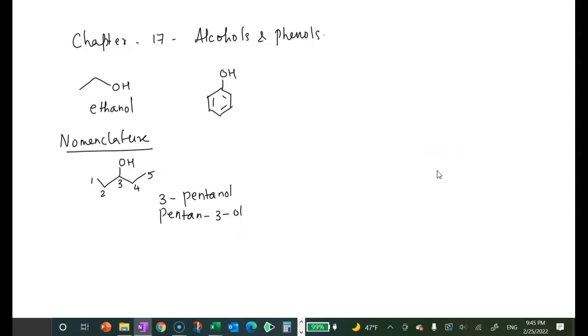If there is a chiral center in your molecule, then make sure that you assign the chirality, or the absolute configuration, at the chiral center. For example, if I have a compound like this, you can see that this carbon is a chiral center.